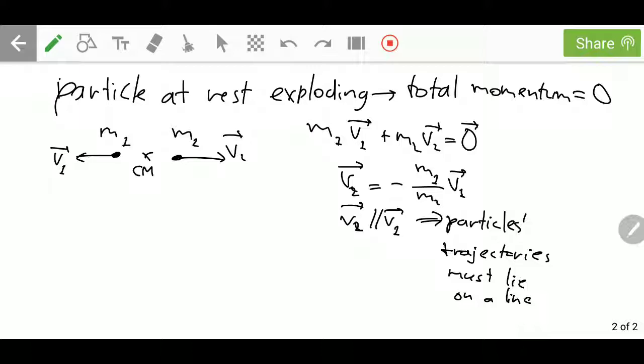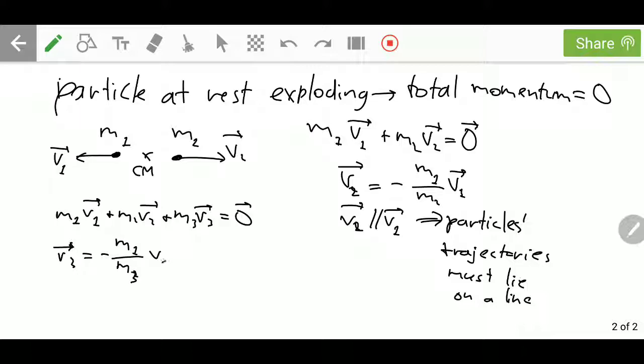Well, we would have m1 v1 plus m2 v2 plus m3 v3 equals the 0 vector, and so v3 would be negative m1 over m3 v1 minus m2 over m3 v2.